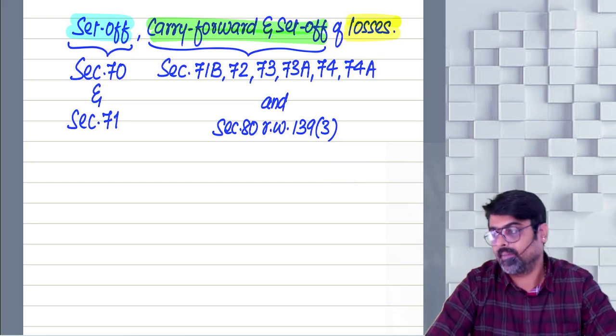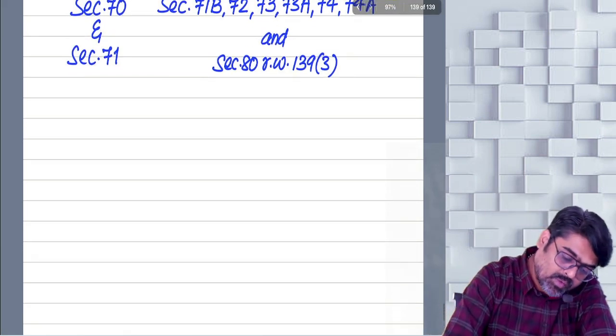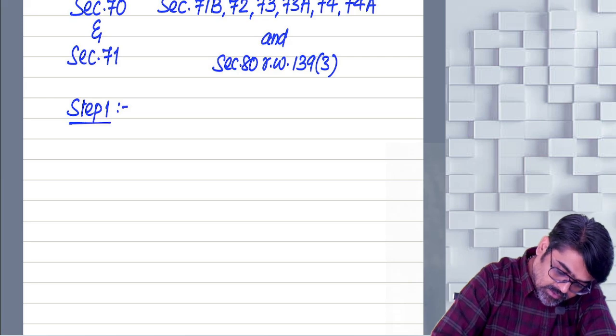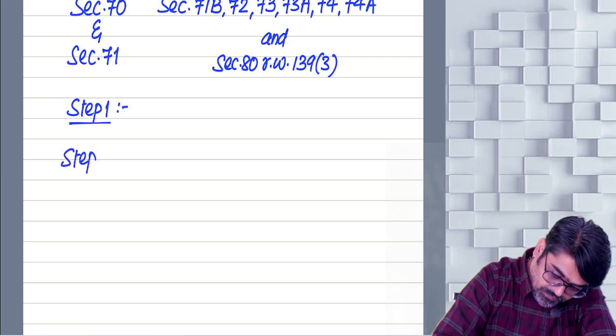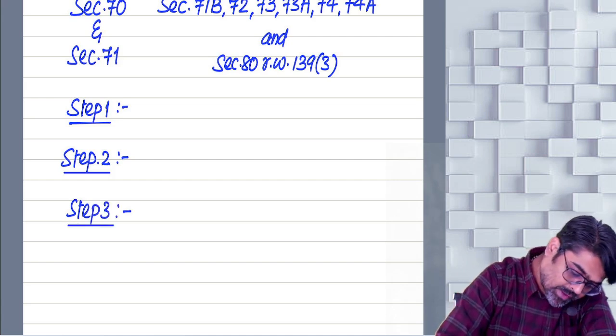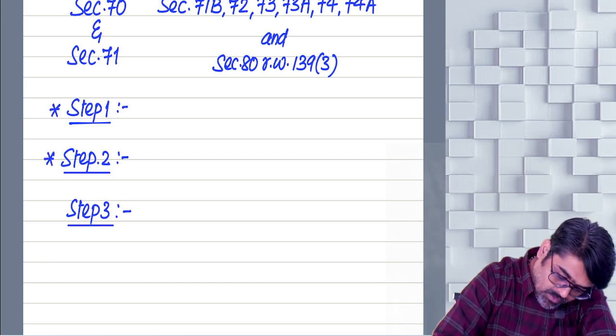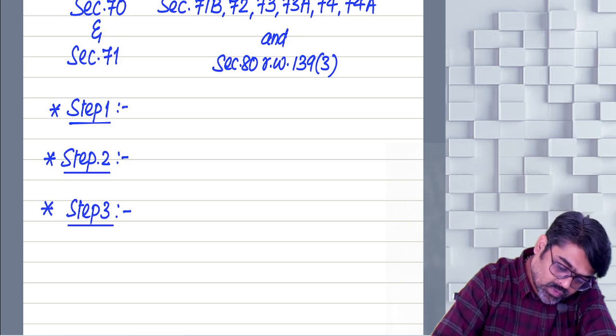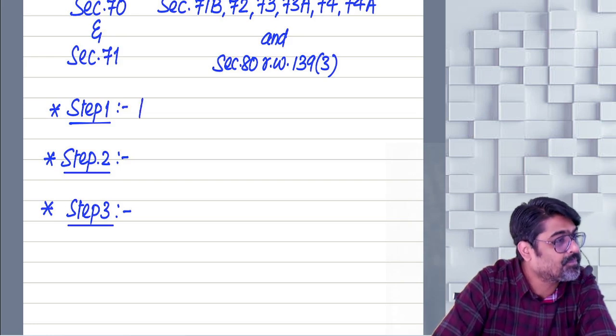Now first of all tell me, what will be my steps? 3 steps will be there: step number 1, step number 2, and step number 3. In 3 steps, you are supposed to set off and carry forward your losses. Step number 1 says do the set off inside the head only.